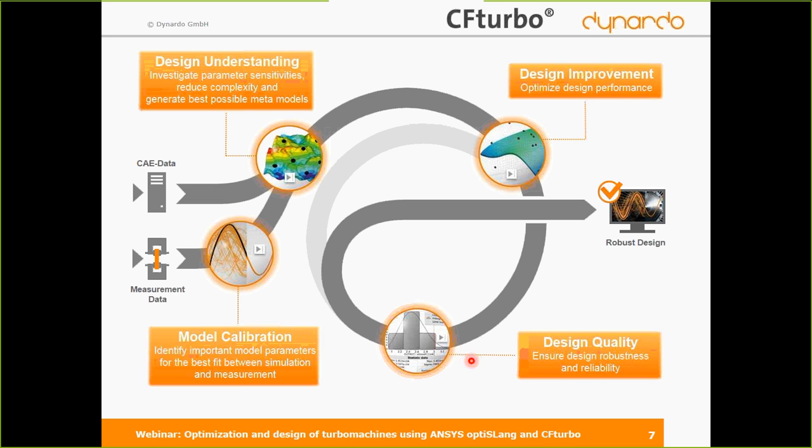And then we can check how our responses behave if we put such a scattering on the input. And if the response is largely unaffected by the scattering, then we are done. We have a robust design. Or if there is some significant scattering in response to the input scattering, then we have to do the optimization again with maybe different criteria and go back after the optimization to the robustness again. And if the design is robust now, then you are done.